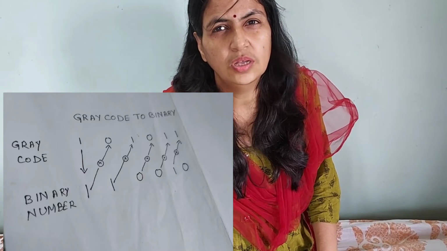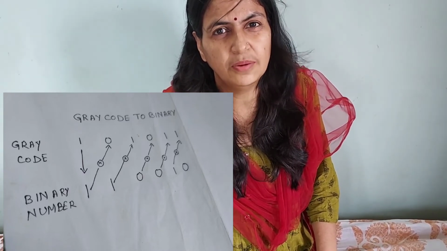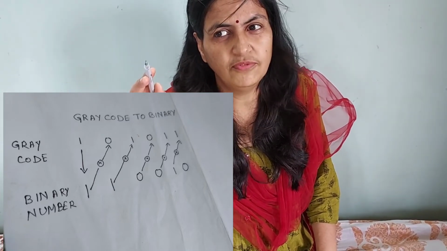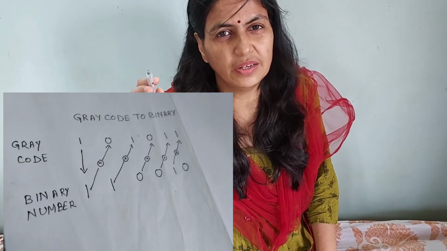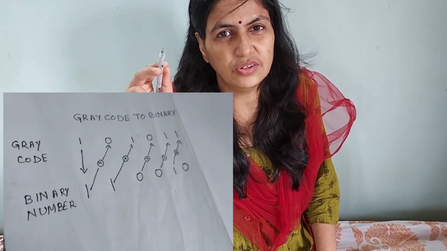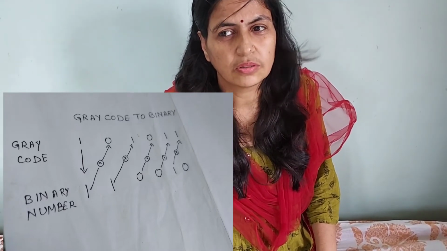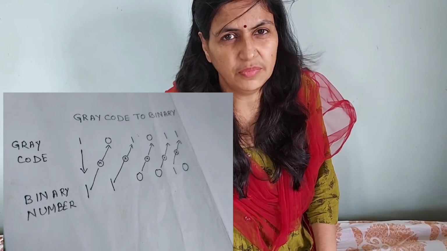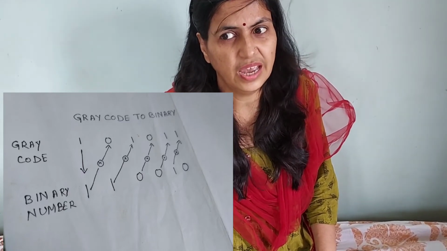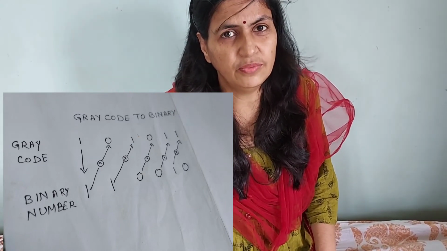Now the fourth term of binary code is 0 and the fifth term of gray code is 1, so 0 XOR 1 is equal to 1. Now the fifth bit of binary code is 1 and the sixth bit of gray code is 1, so 1 XOR 1 is 0.